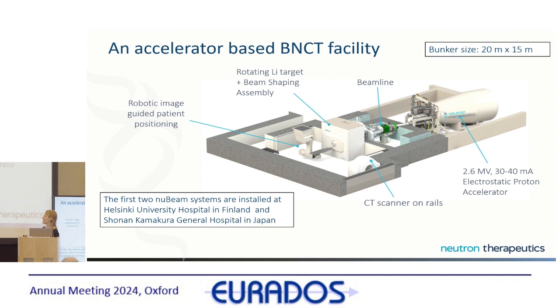The CT scanner needs to be on rails, and there is a neutron shielding door in front of the scanner during the irradiation, because pretty much all the electronics are very sensitive to neutrons and they would be destroyed. This robot is not destroyed by the neutrons, luckily. It's neutron resistant. This type of accelerator system has been installed in Helsinki and also in Japan, at Shonan Kamakura General Hospital. Both of these systems are very soon operational. We have fully commissioned the Helsinki system, and we are now applying for a license for clinical trials and really hope to get started next fall.